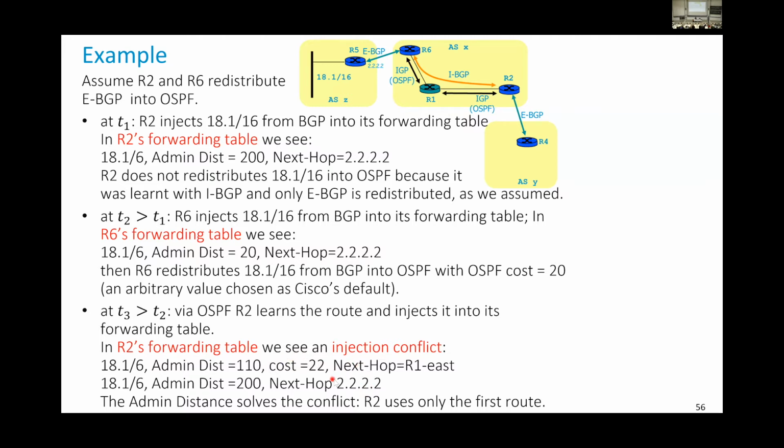We will not need to do a recursive table lookup. And it is safer to use it because we redistributed BGP into OSPF. This is exactly what happens. OSPF has a smaller administrative distance than Ibgp. So, in fact, this route will not be used at all, except if for some reason OSPF doesn't work.